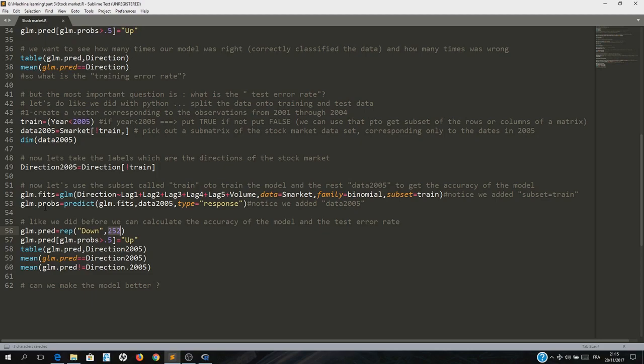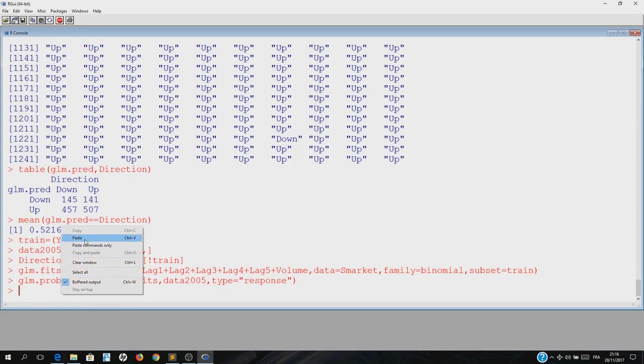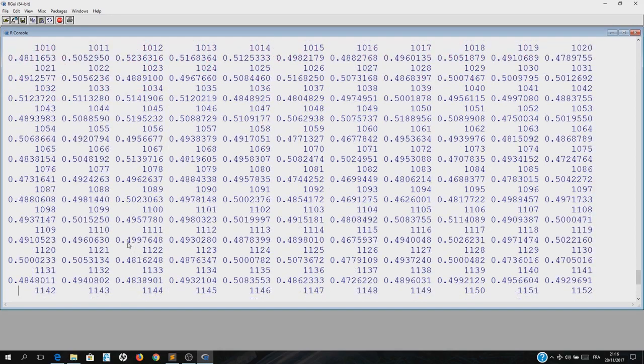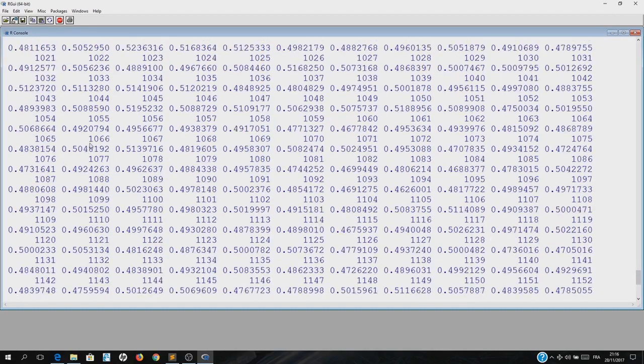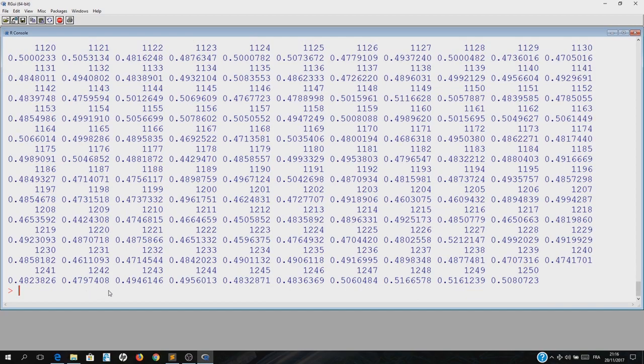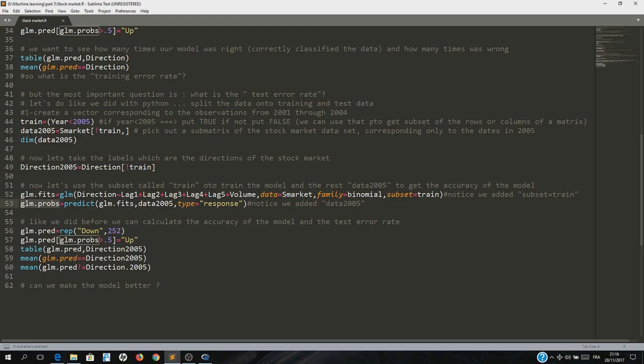Simply because the predictions, or as you can say, the probabilities we have are 252, and we initialize it all with down.